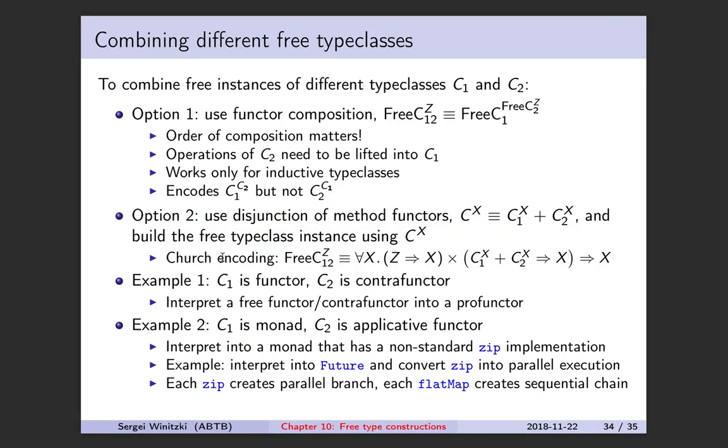This is what I was indicating here, and this is an advantage over this method, the functor composition, where I would have to choose whether I have monad outside, applicative inside, or monad inside, applicative outside, and whatever I choose, I can only then encode one of those combinations.